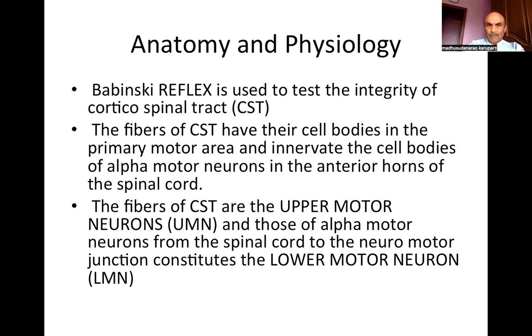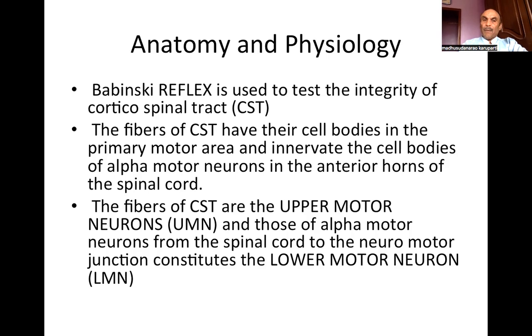Anatomy and physiology. Babinski test is a reflex test used to examine the integrity of the corticospinal tract. So that I mentioned already. The fibers of the corticospinal tract have their cell bodies in the primary motor area and innervate the cell bodies of the alpha motor neurons in the anterior horn of the spinal cord.